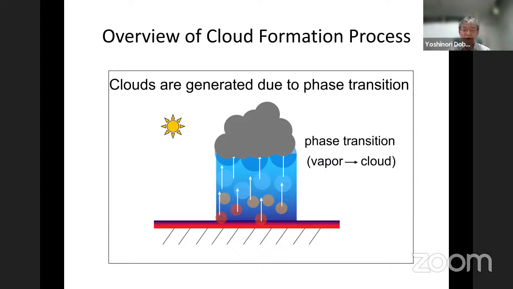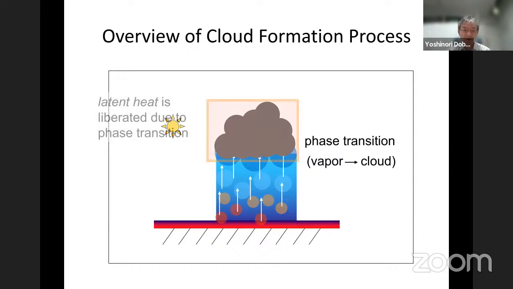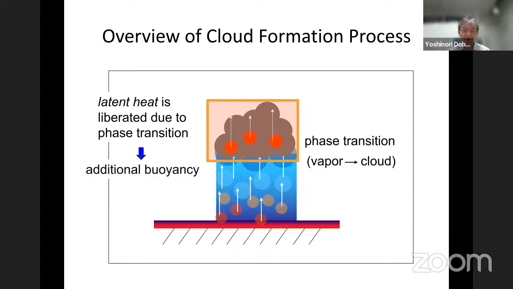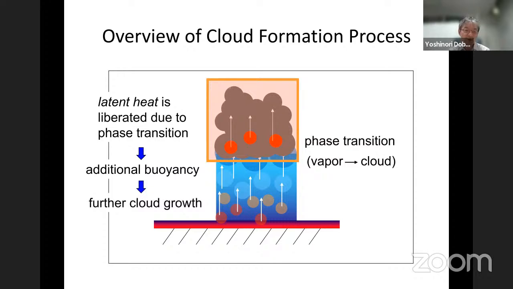And furthermore, when the phase transition occurs, so-called latent heat is generated. And this latent heat creates additional buoyancy force. This additional buoyancy force promotes further cloud growth into higher regions. So these are the phenomena involved in the cloud formation.